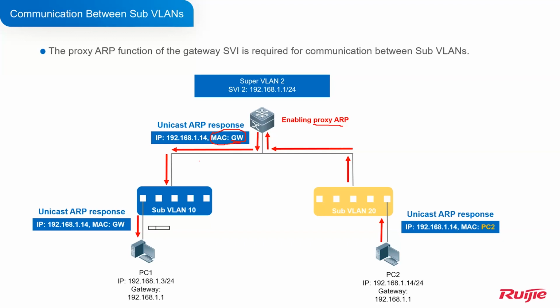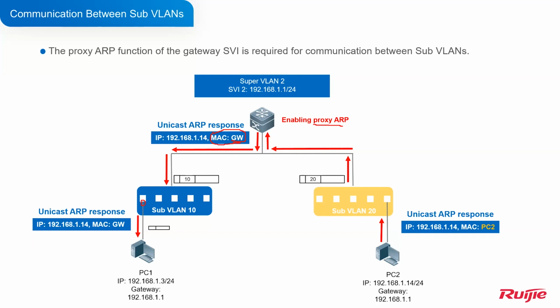PC1 sends out a frame, and after receiving it on the physical port, the switch will tag it with a VLAN tag, which is 10, because PC1 belongs to sub-VLAN 10. This frame will be forwarded to the gateway, and the gateway will send it to the destination, replacing the tag.